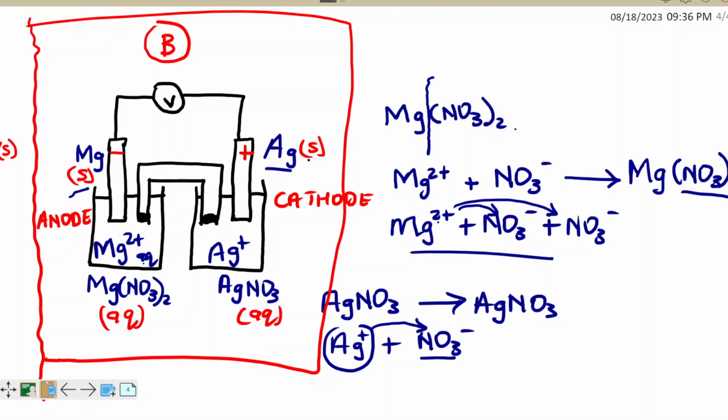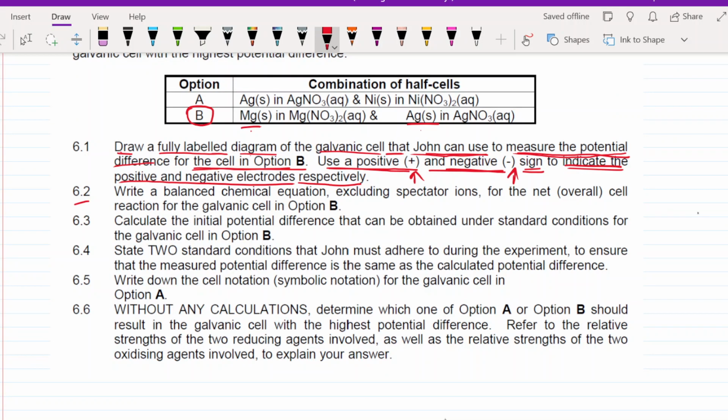We are looking now at the following question, which is 6.2. 6.2 says write a balanced chemical equation, excluding spectator ions, for the net or overall cell reaction for the galvanic cell in option B. So now they want the net overall cell reaction, and we can exclude the spectator ions.